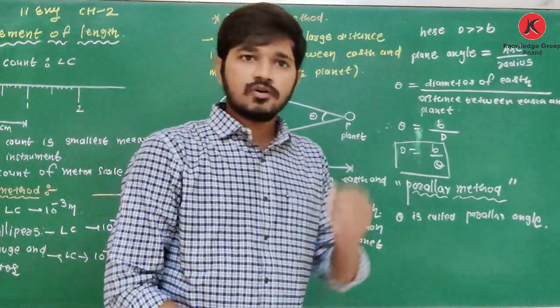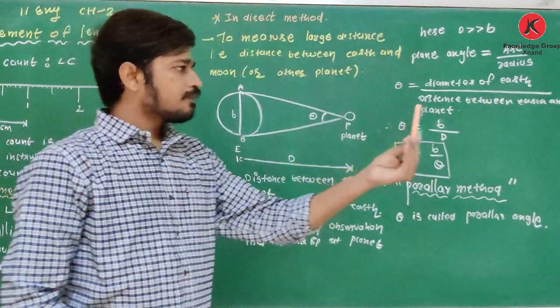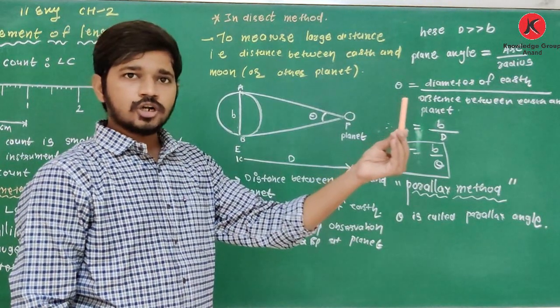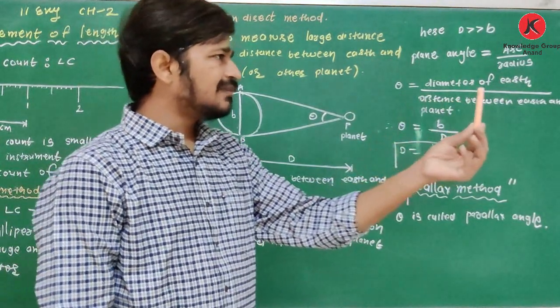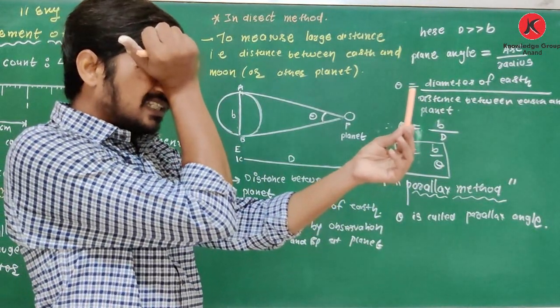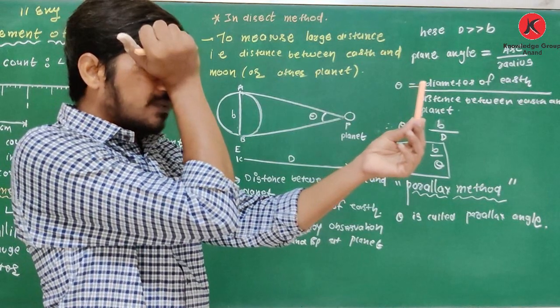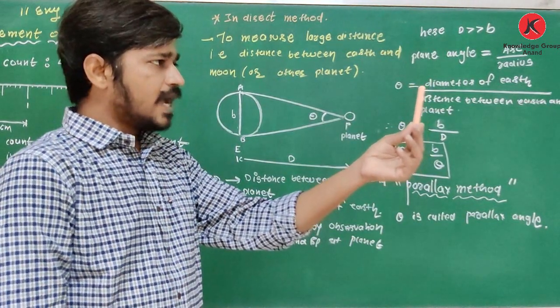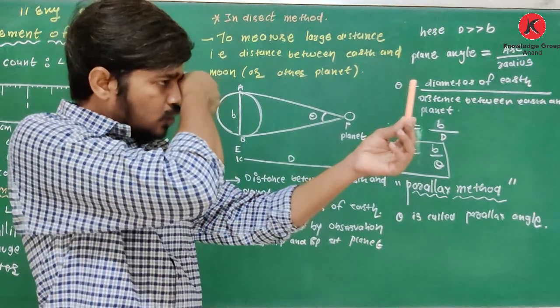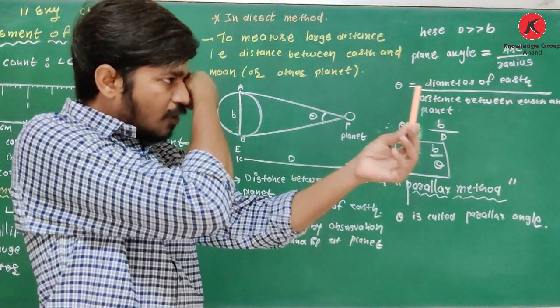Now what is the meaning of parallax? If there is one chalk, and I am standing in front of a wall. First of all, close your right eye and see the chalk with the help of the left eye. Then observe the same chalk at the same position by closing your left eye and using the right eye.